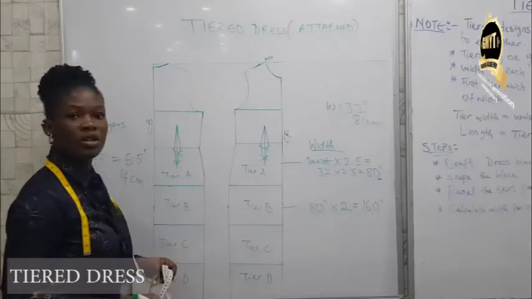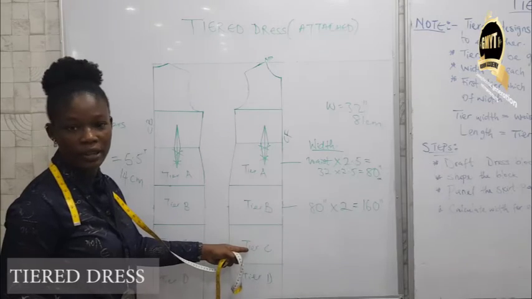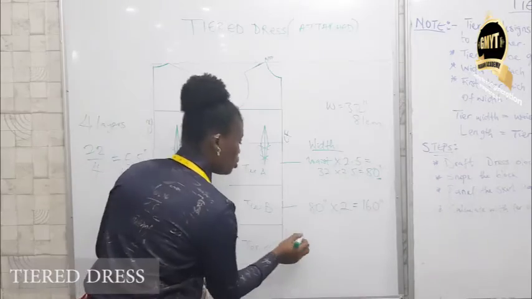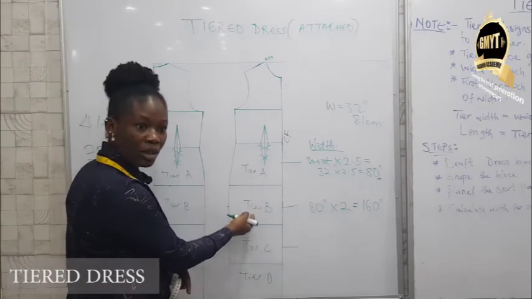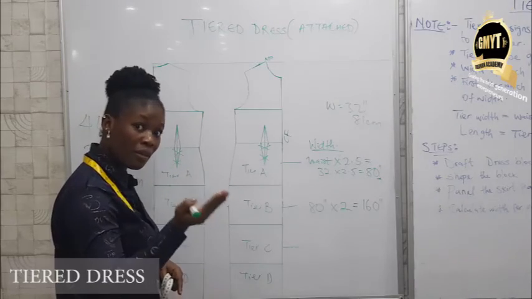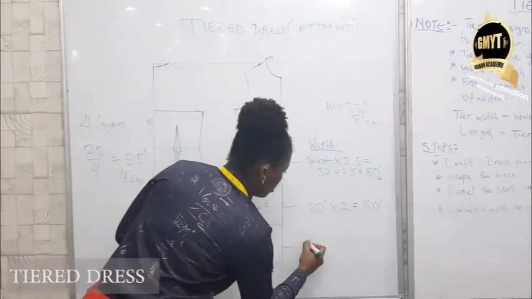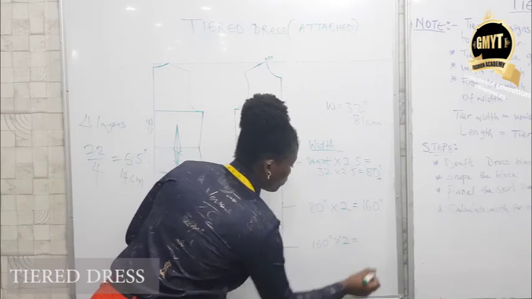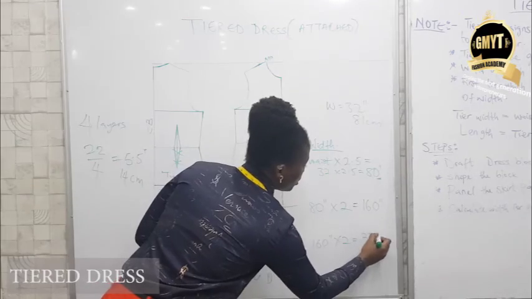160 inches. So now to get the width for my tier C, I'm going to use my result for tier B times 2. You can see I'm multiplying each result by 2. So 160 times 2 gives me 320.